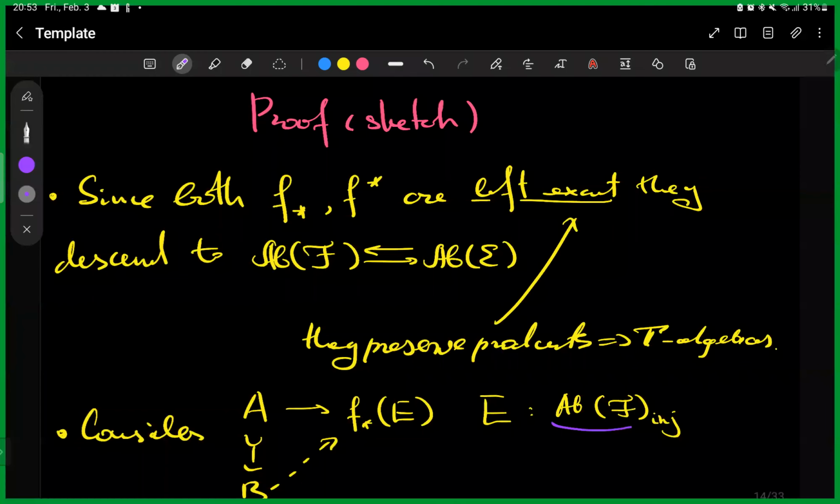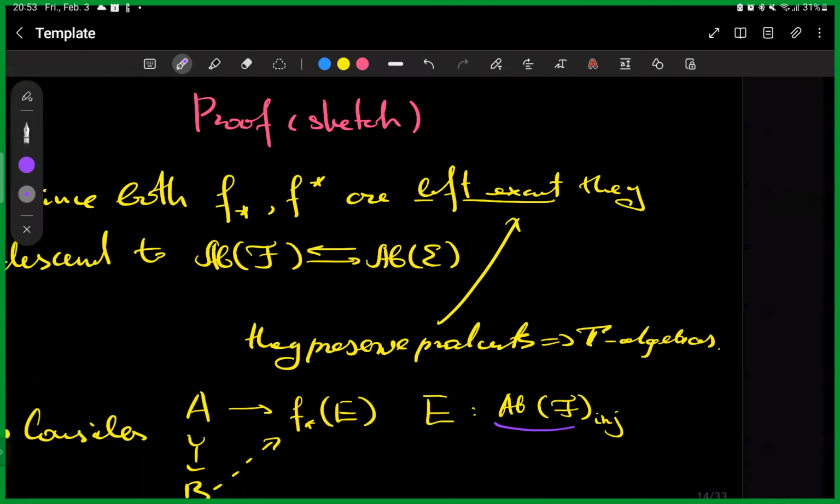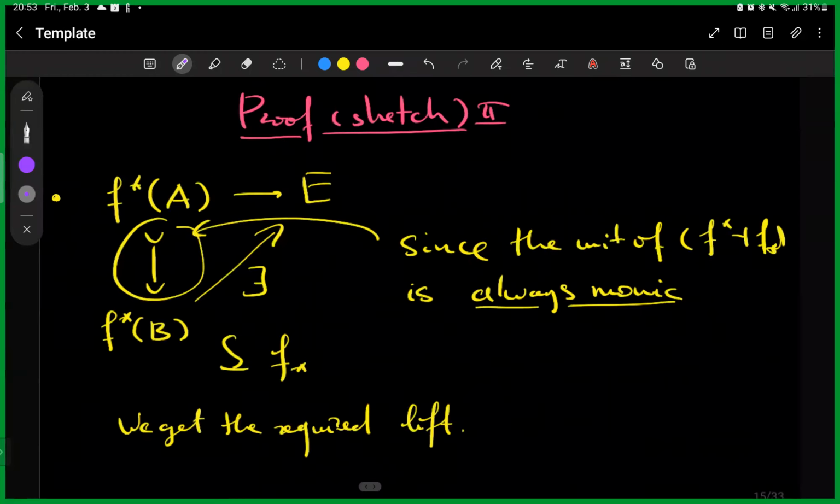We do a very standard thing: we just apply the adjoint functor. We consider a similar diagram since the unit of the adjunction is always monic. I didn't prove this, but that's another fact about geometric morphisms of topoi. So why do we have a lifting here? Just because E was injective.